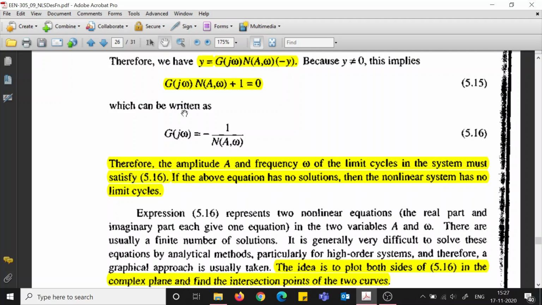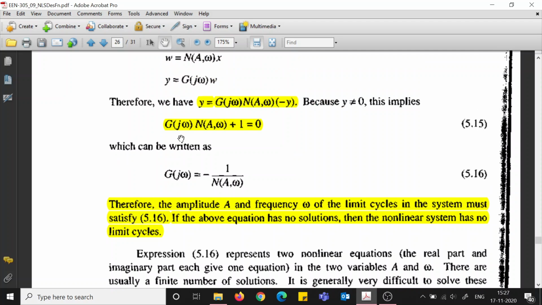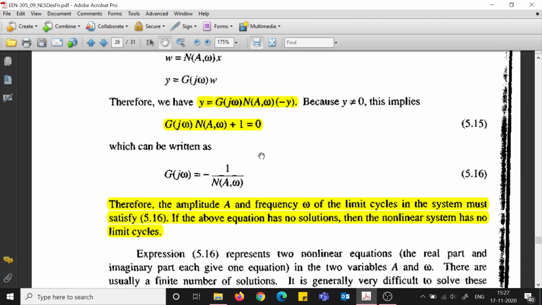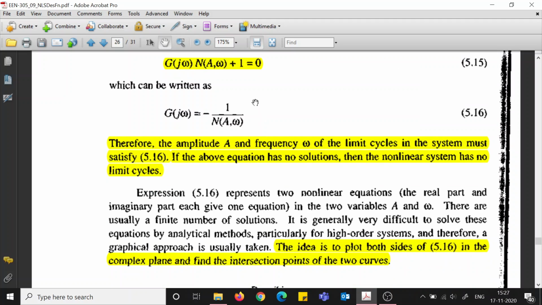These points we have to note down, because that is the place where we will have G(j omega) N(A, omega) being -1. From there only this equation has come, right? So whenever G(j omega) N(A, omega) becomes -1, that is the critical situation. There the periodic solutions will exist.